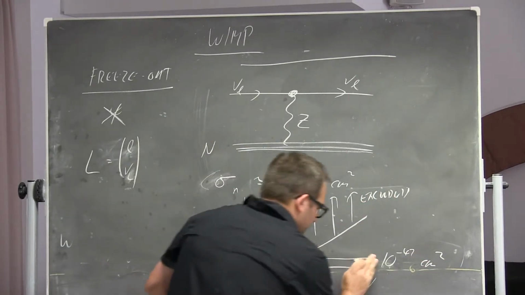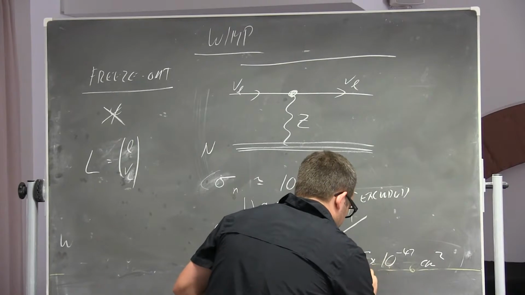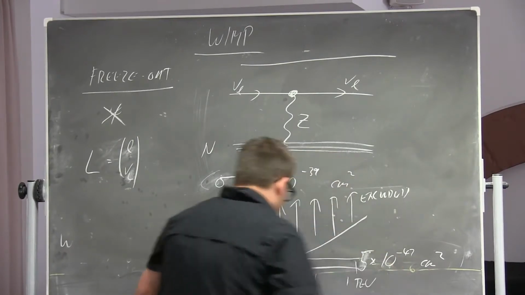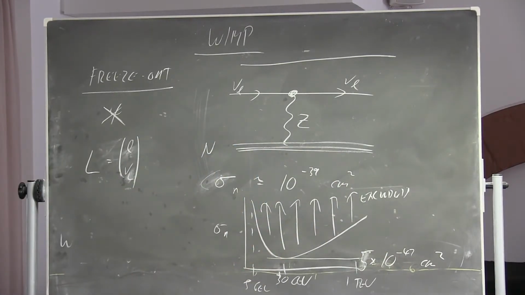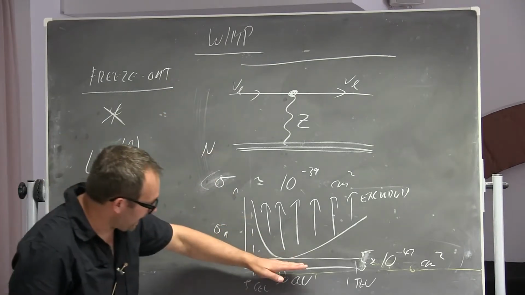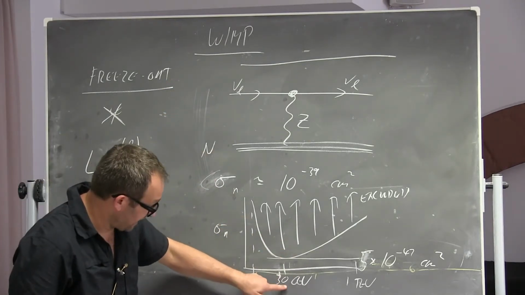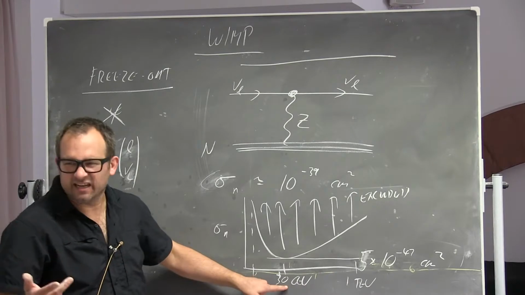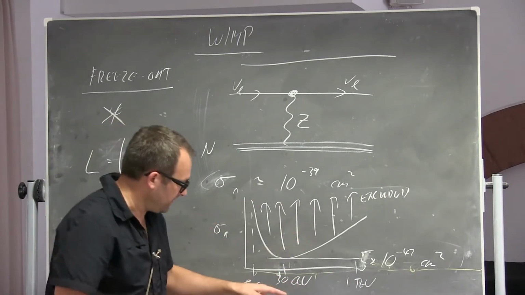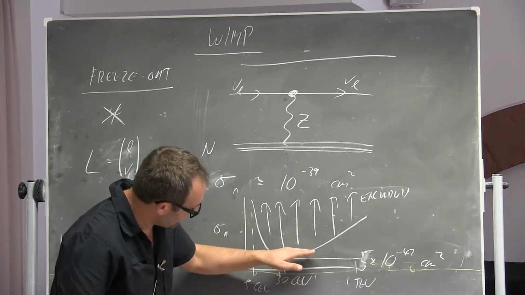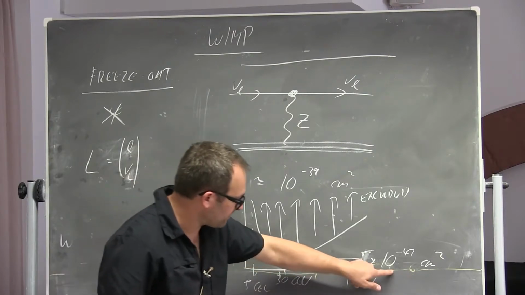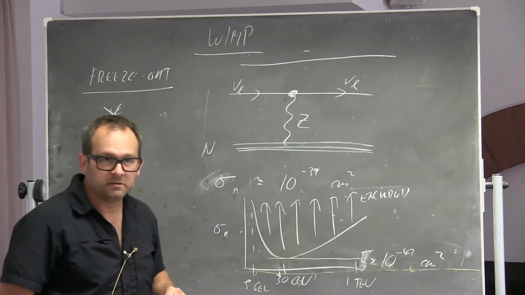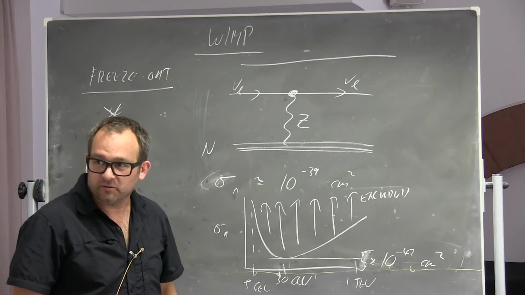A few, like 5. Okay, if you really want a number, something like that. So it's excluded by 8 orders of magnitude, at least at 30. Well, okay, we didn't need it at 30. We wanted this maybe at 100 GeV. Shift up to 100, it weakens to maybe instead of 5 times 10 to the minus 47, it's like 10 to the minus 46. Still ruled out by 7 orders of magnitude.